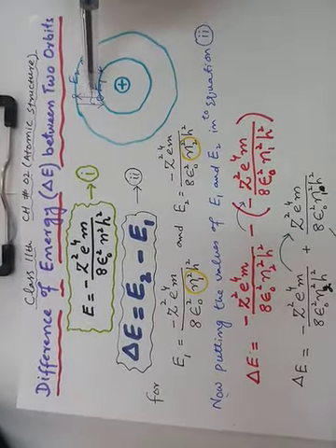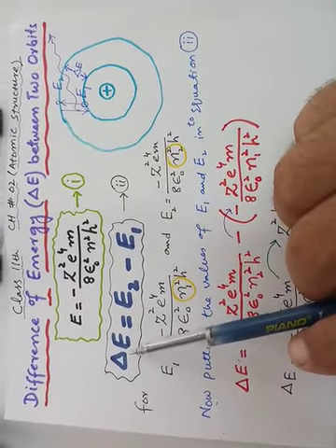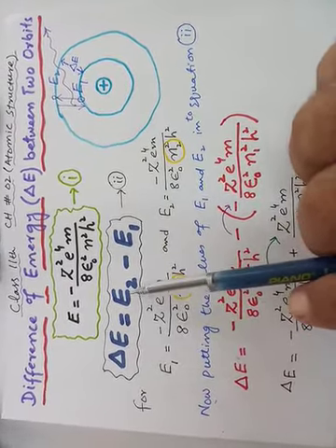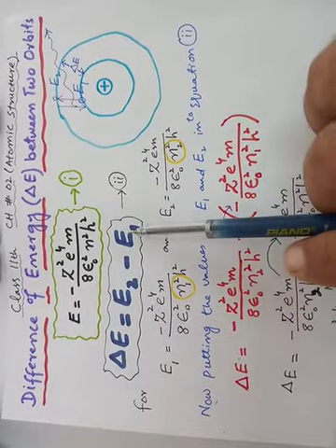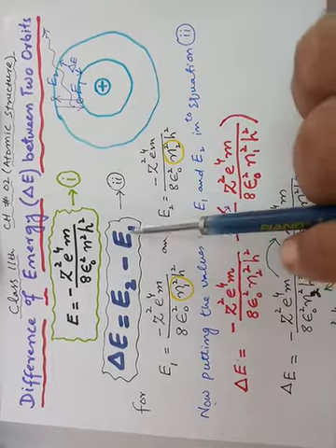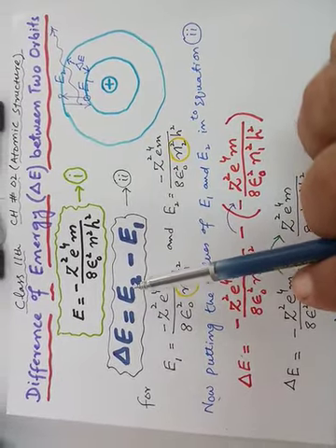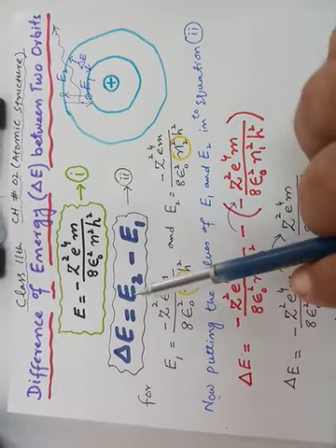Energy of an orbit is given by this. The difference of energy is indicated by delta E, which is equal to the energy of the high energy state minus the low energy state. Always remember this, never write E1 minus E2, but always subtract the low energy from the higher energy.